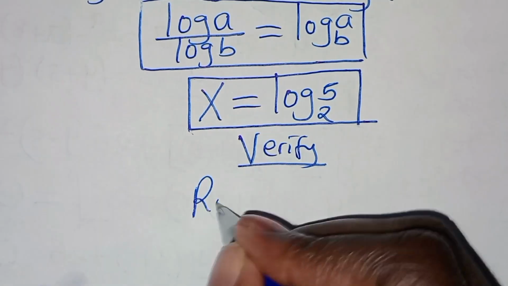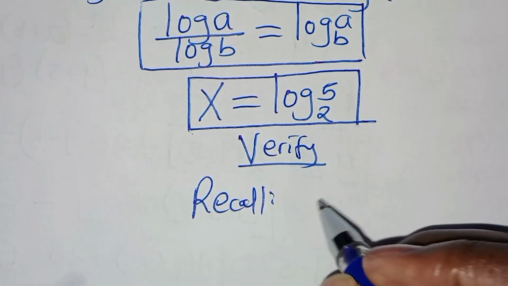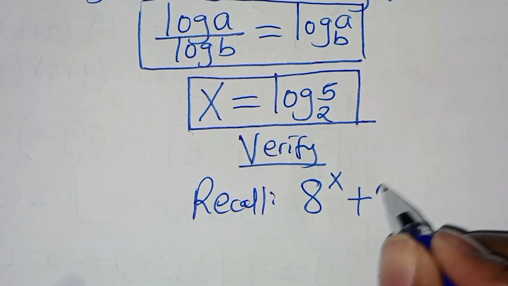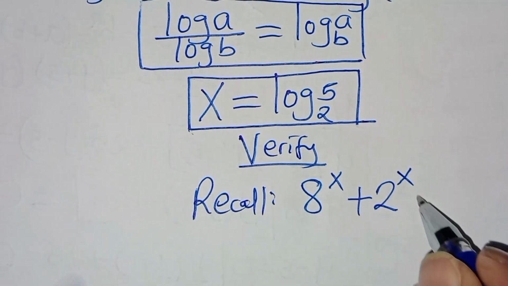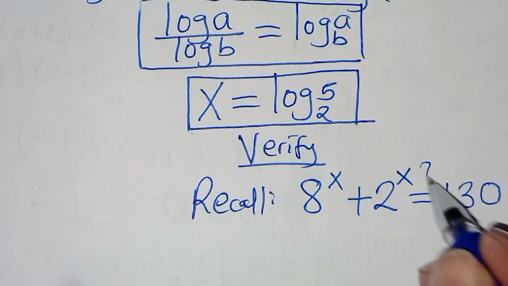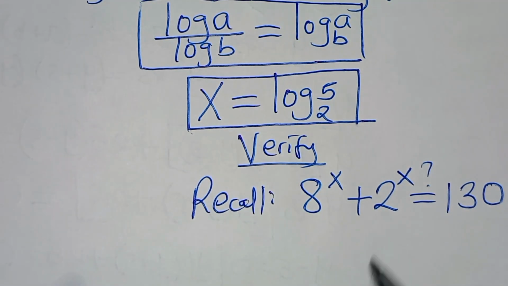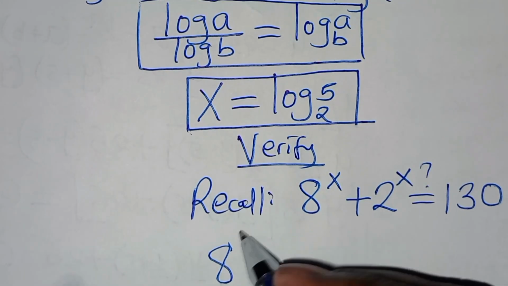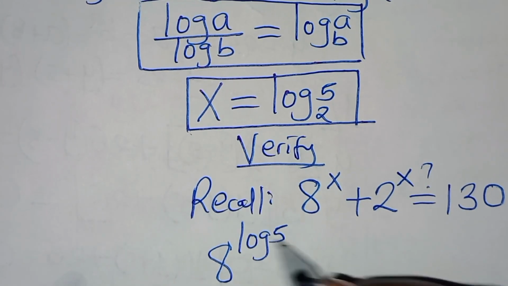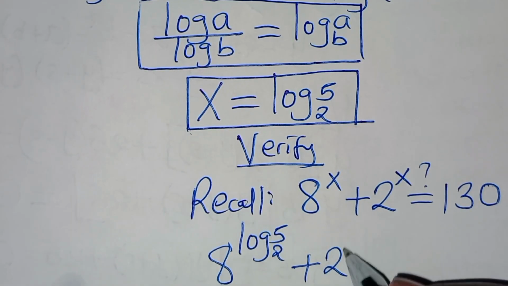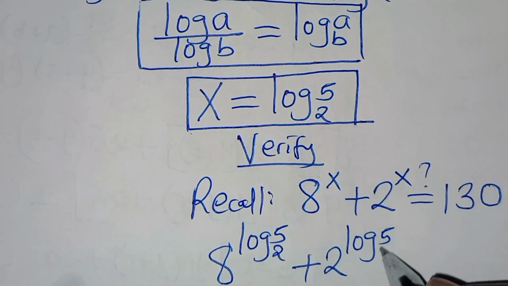Now, if you recall from here, we have that 8 to the power of x plus 2 to the power of x, this should give us a value of 130. Let's substitute the value of x. So we have 8 to the power of log 5 to base 2, then plus 2 to the power of log 5 to base 2.